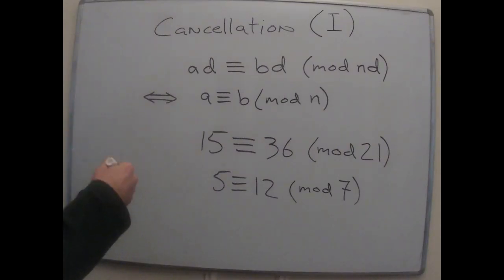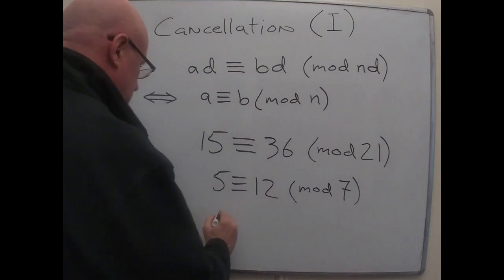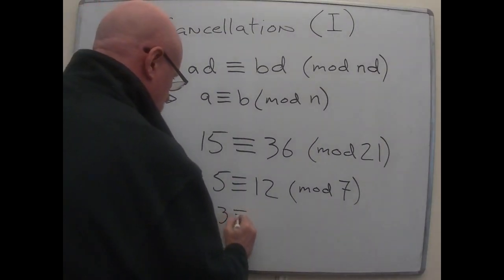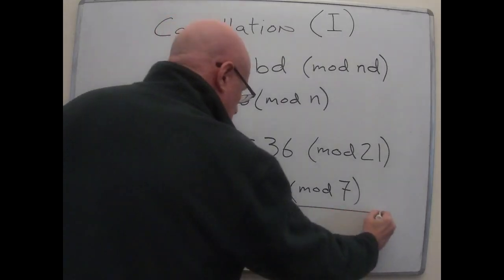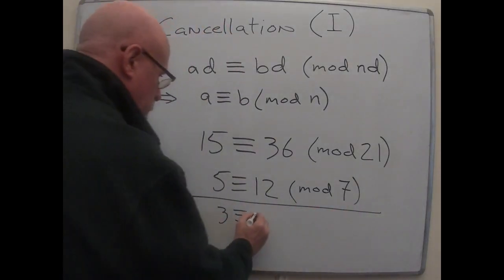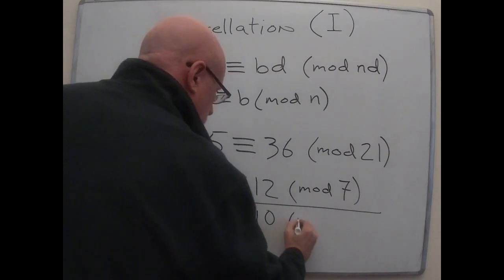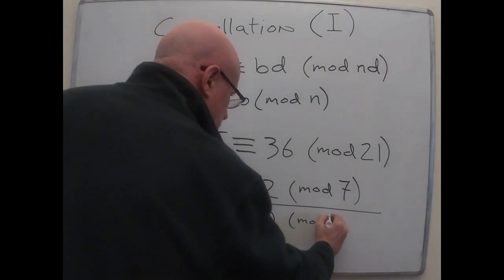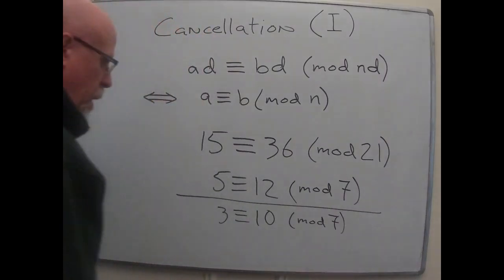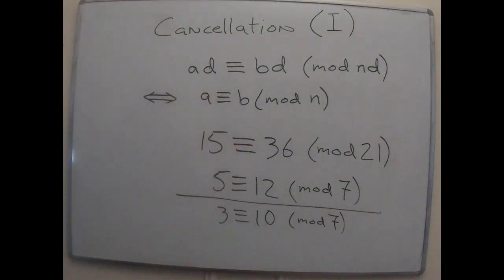Similarly, suppose I took something like 3 is congruent to 10 mod 7, I'm doing something new. And I just multiply everything in sight by 2.